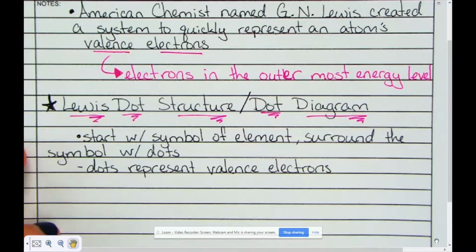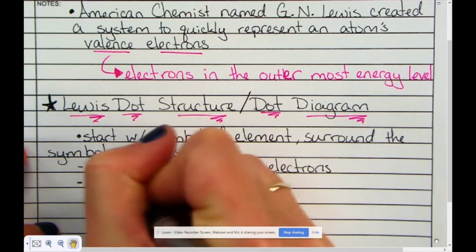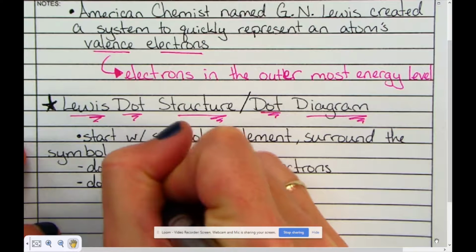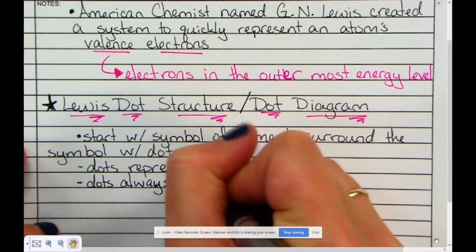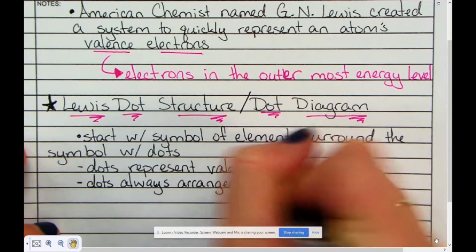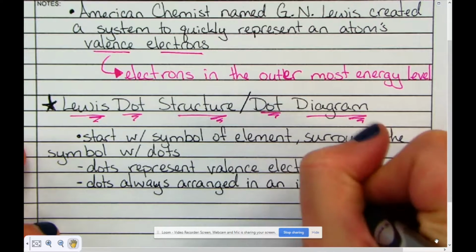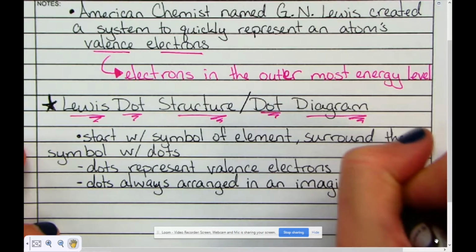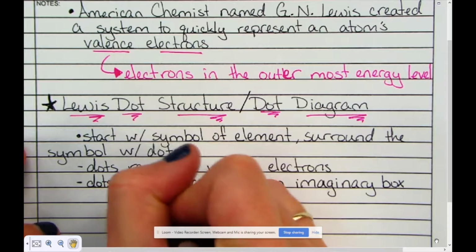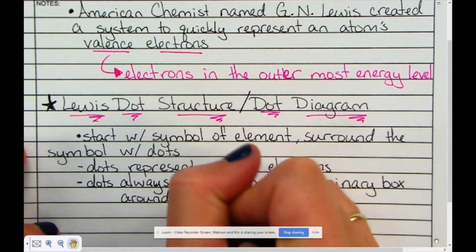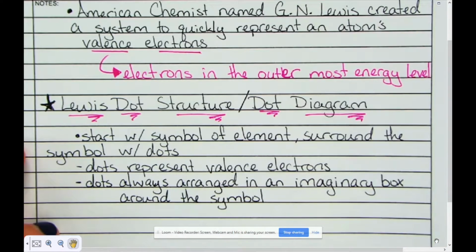When you make a Lewis dot structure, you have to imagine that your dots are always arranged in an imaginary box around the symbol. And I'm going to show you what this means in a minute. So I'm going to give you guys a minute to catch up. Sorry, I was writing too fast.